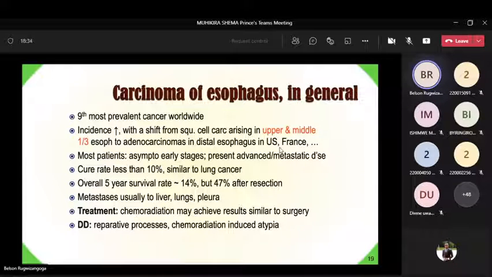Of course, in those who smoke, the squamous cell carcinoma will be the most. But those with gastric issues now, meaning they have a reflux, gastric reflux, they will be more prone to develop adenocarcinoma. So, the problem with these cancers, they are asymptomatic in the early stages.